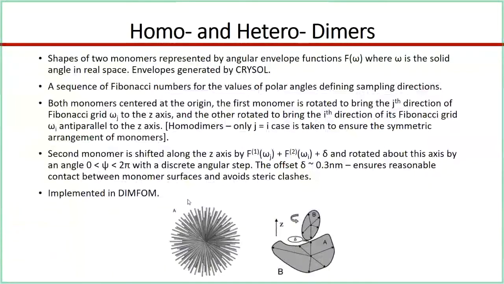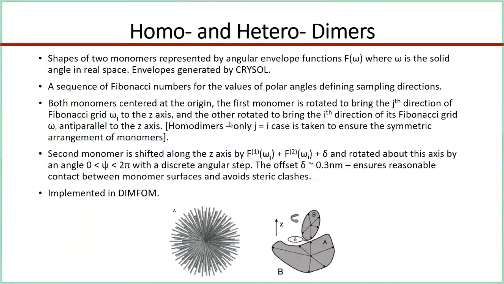If you look at the documentation, you'll see the term Fibonacci grid a lot. It defines the sampling space and the number of directions. It also depends on the magnitude of the shift vector, right?